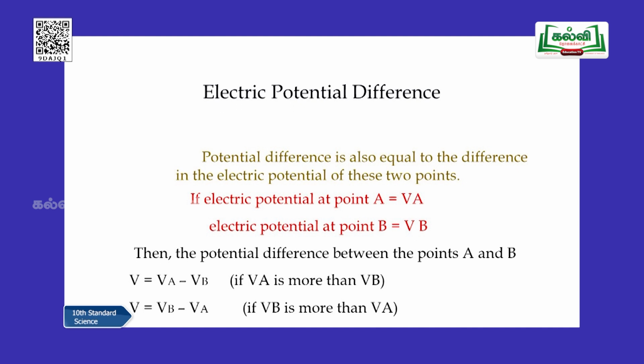The difference in the electric potential at A and B gives the potential difference between the points A and B. So V is equal to VA minus VB when VA is more than VB, or V is equal to VB minus VA when VB is more than VA.